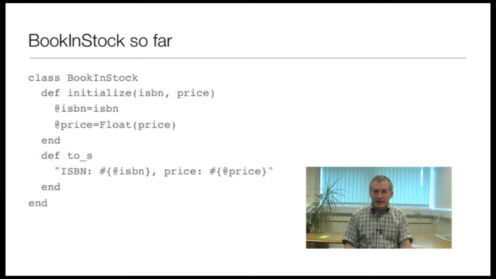The other thing which we did was to define a toString method, and this is overriding the method which is inherited, and I'll come back to the toString method in a little bit more detail as we go through and talk about inheritance. So a simple concept of a book in stock which has an ISBN number and a price, and we'll explore that a little bit more now as we discuss accessor methods.